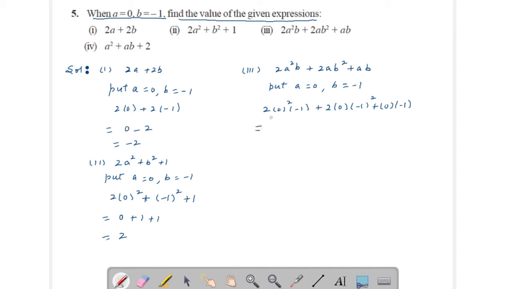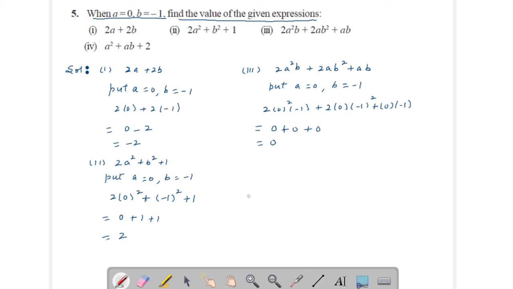Here 0 square is 0. If any number is multiplied by 0, it is 0. You will get 0 plus 2 into 0, it is 0. Any number multiplied by 0, it is 0. Plus 0 into minus 1, it is 0. You will get 0. This is your answer.